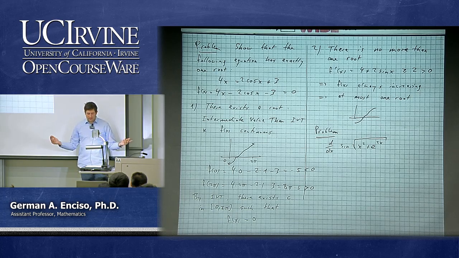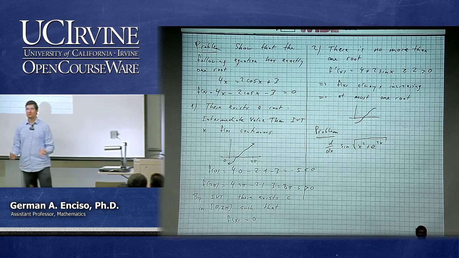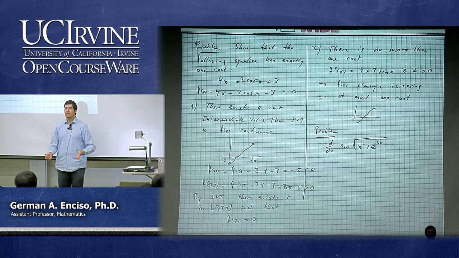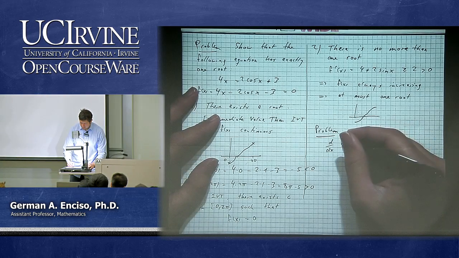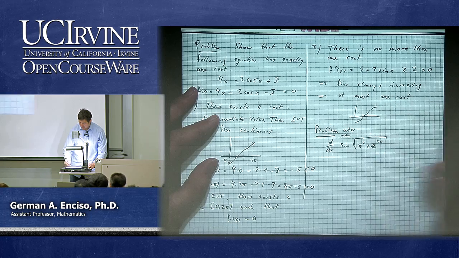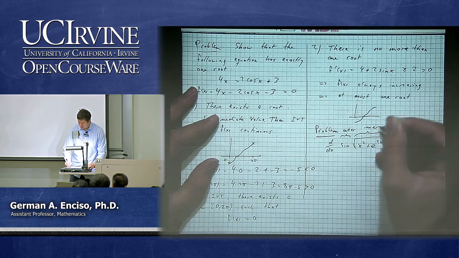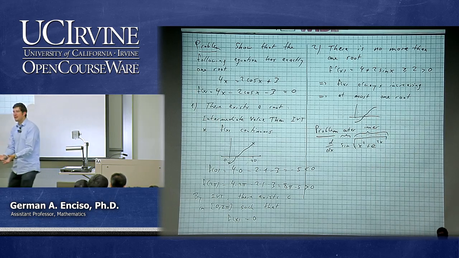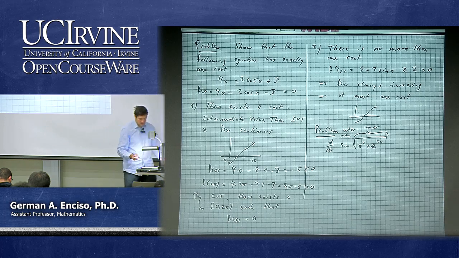Well, the trick is to think about this again as an onion. And you might remember that we described the chain rule as peeling an onion. So you start with the outside. This is the outer part of this function. And this is the inner part of the function. So everything that's inside the square root is the inner, and the function outside is the sine function.